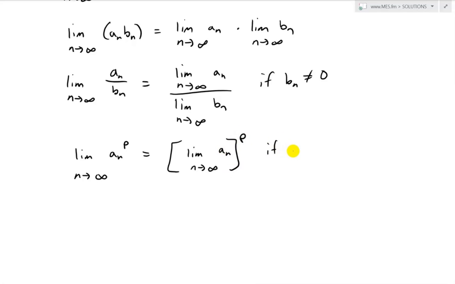And this is if p is greater than 0, because if it's less, we're going to have some inverted scenario, and where an is greater than 0. Yeah, so if it's less, we'll have a fraction and so on. So we will not be dealing with that, and well, if we do, we need to manipulate the function a bit more. So this one is for p greater than 0 and an greater than 0.